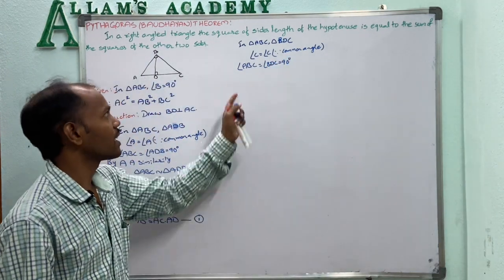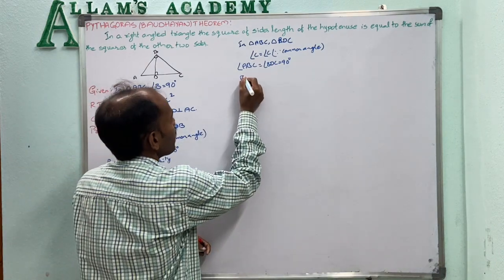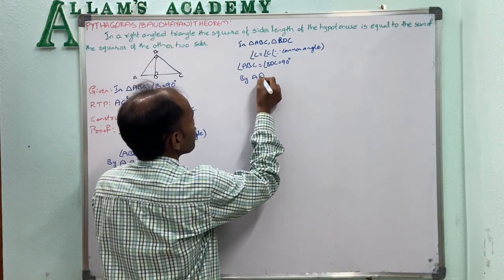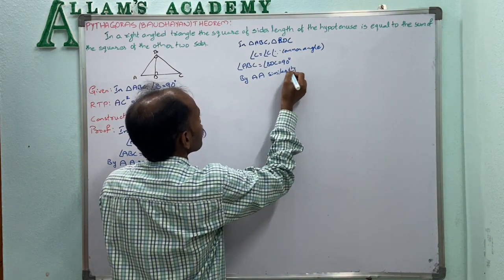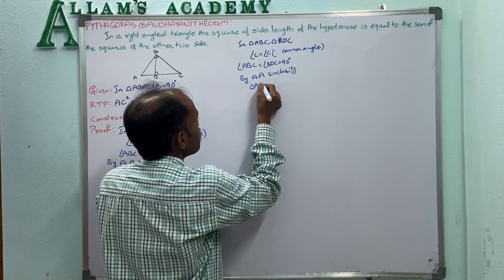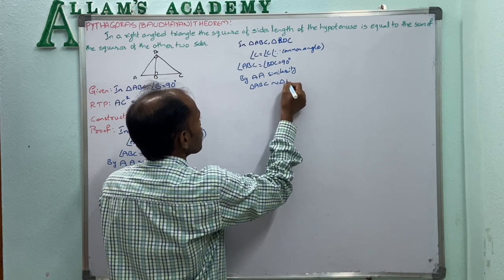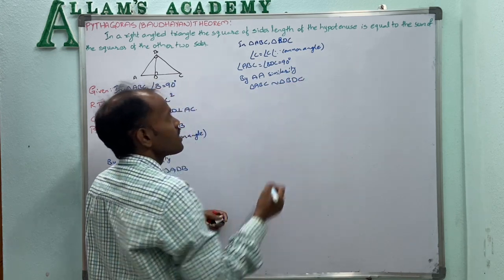By AA similarity, triangle ABC is similar to triangle BDC.